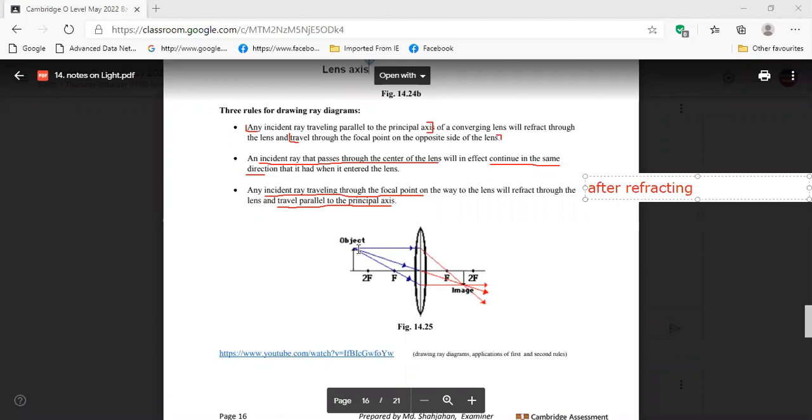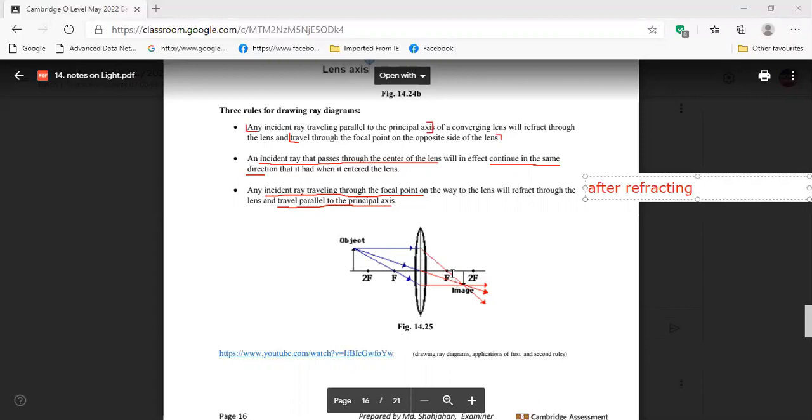One ray we are showing parallel to the principal axis. The horizontal line through the optical center is called the principal axis. The line parallel to the principal axis is refracted and goes through the focal point. Have you seen it?